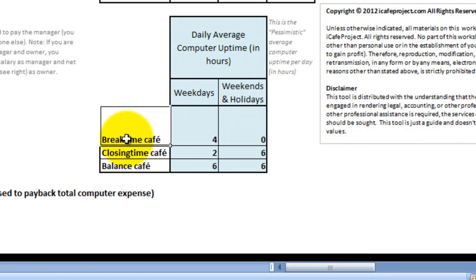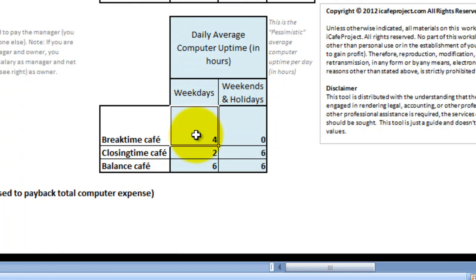Okay, I'm taking the very pessimistic assumption wherein break time cafes will only have an average computer uptime. When I say average computer uptime, this is the average utilization of each of your computers in a day.